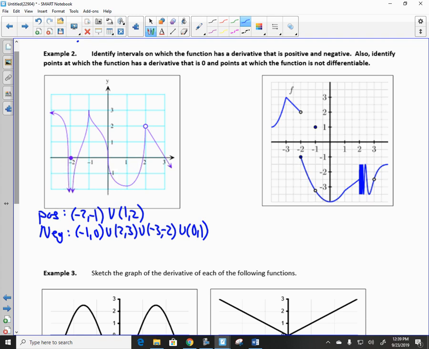So now let's talk about where the derivative is 0. Anybody see a spot on here where the derivative is 0? That's the only spot, x equals 1.